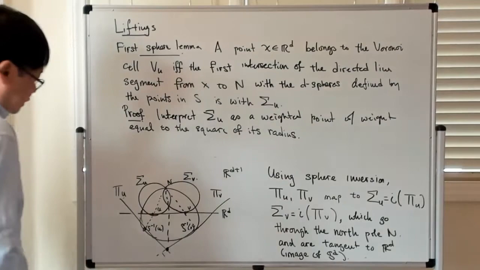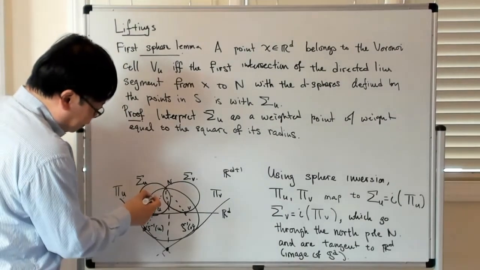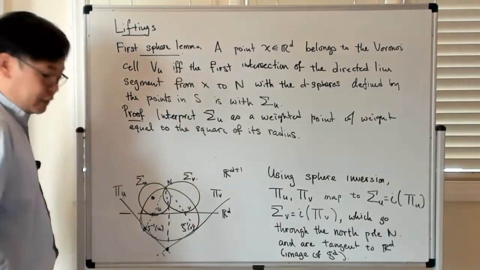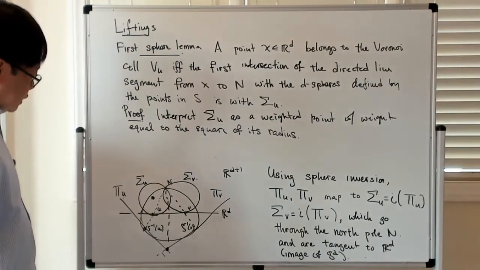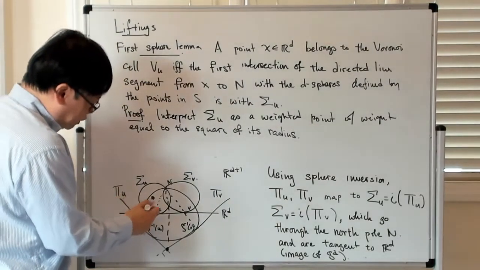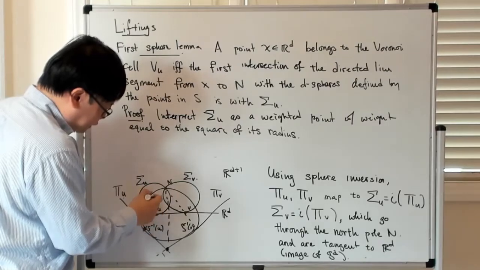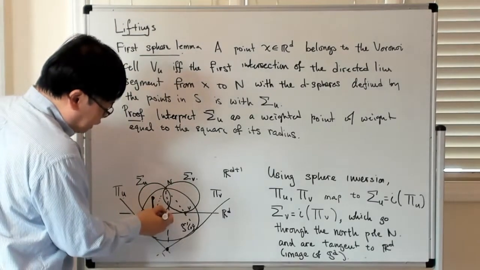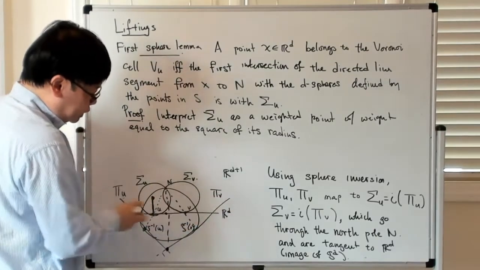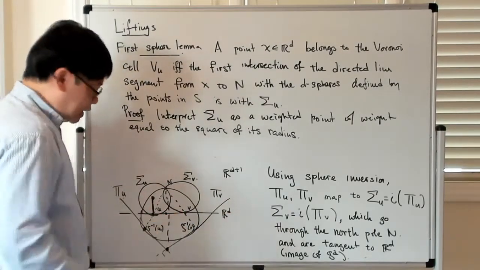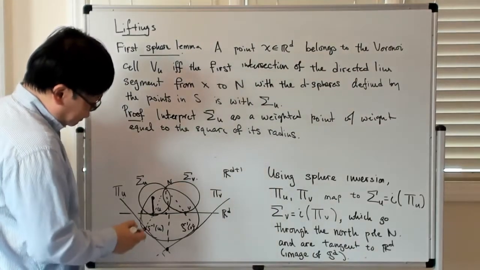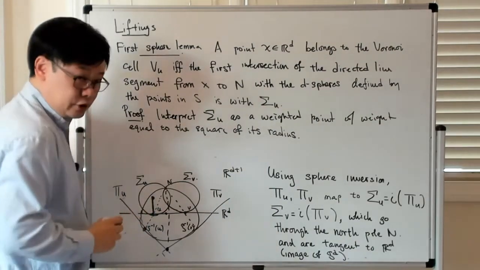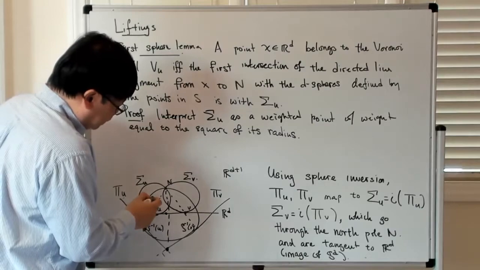Okay, so what's going to happen is that there's a center of this sphere, sigma u, and then there is this length, which is the radius. And then you have a point on RD, which right now is just this line. So essentially, we're in Euclidean space, R d plus 1.